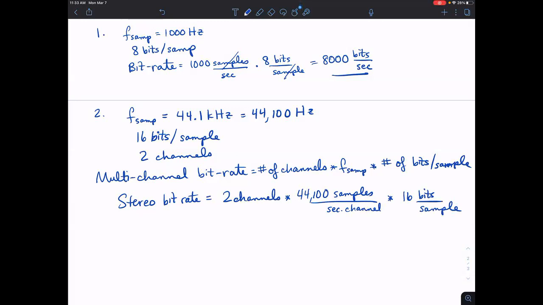And you multiply 2 times 44,100 times 16, then you get 1,411,200 bits per second.